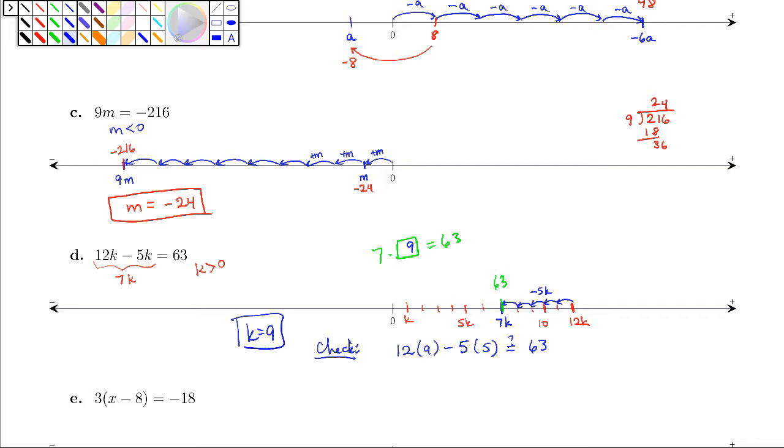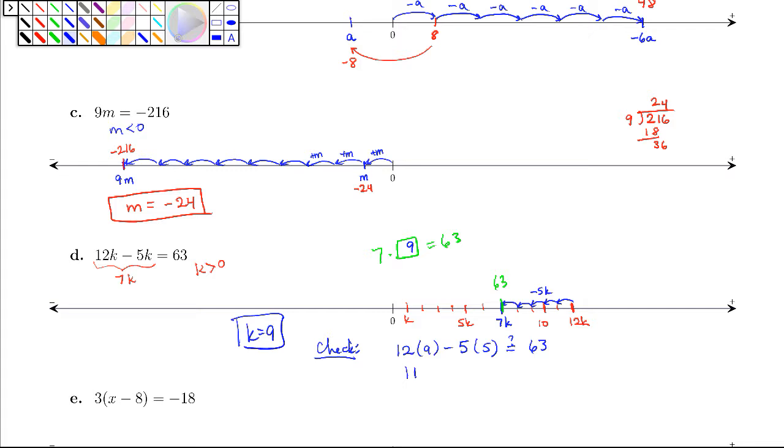There are a couple ways we could check this. We can actually do 12 copies of 9, which is 120 minus 9, is 111? No. 12 copies of 10 would be 120.